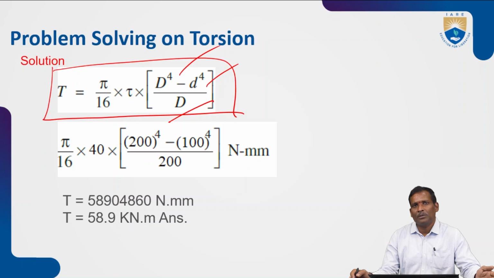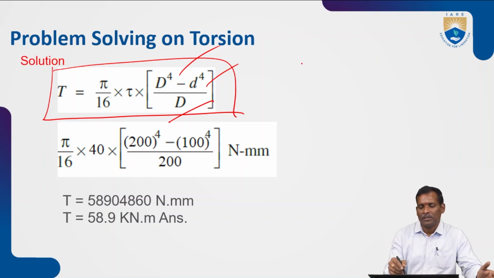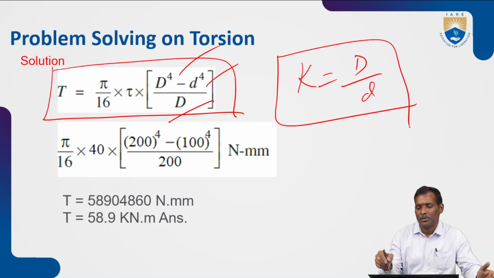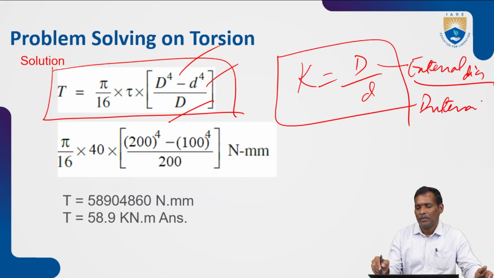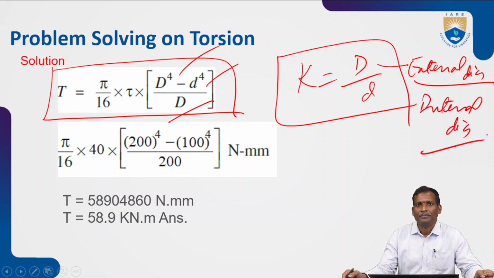Sometimes they will give it in terms of some ratio, that is K. The K is the ratio of the external diameter to the internal diameter. So pi by 16 into tau 40 into capital D to the power of 4 minus small d to the power of 4 by 200 Newton mm.